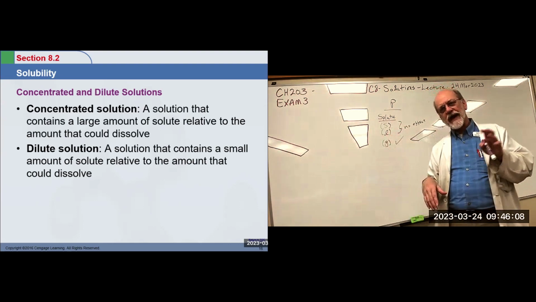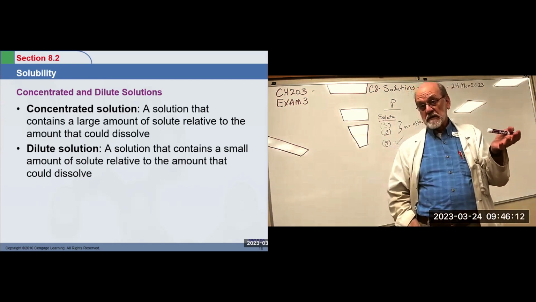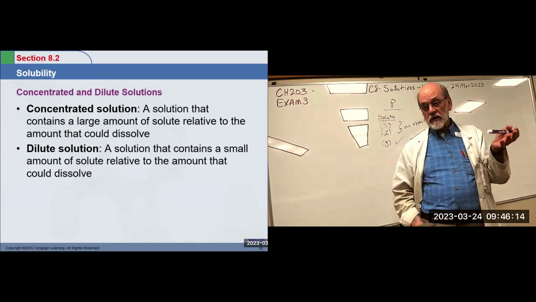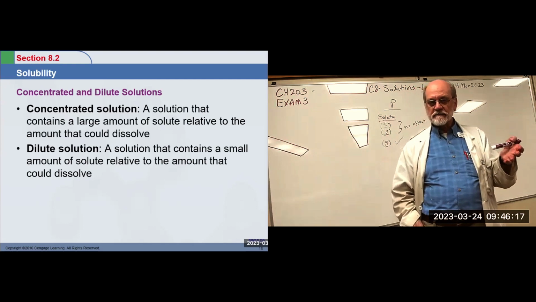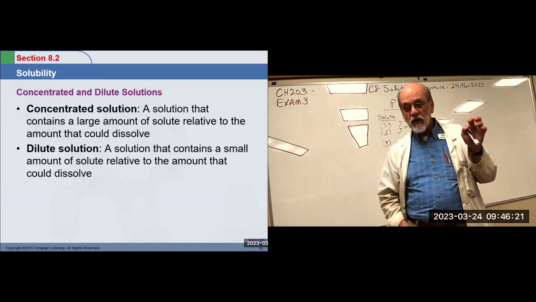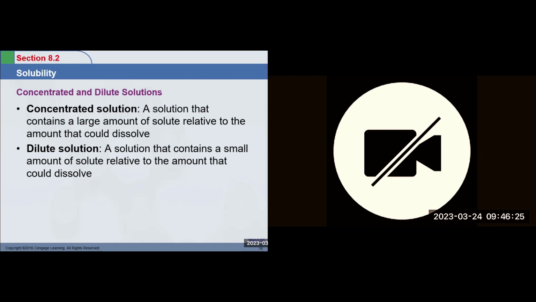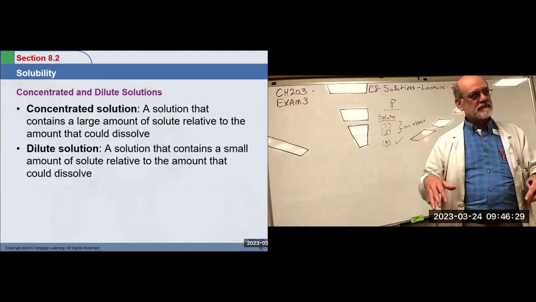So if you can put 5 grams in 100 milliliters of water, then 4 grams of the solute would be considered concentrated. But a dilute solution would be one where you would have, say, a tenth of a gram. So it'd be much, much less. See, those are relative terms.